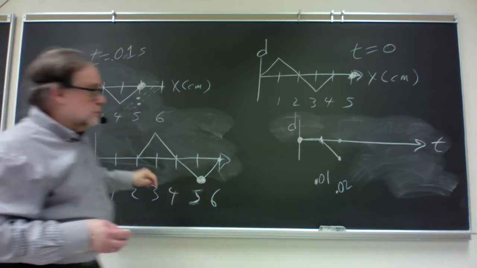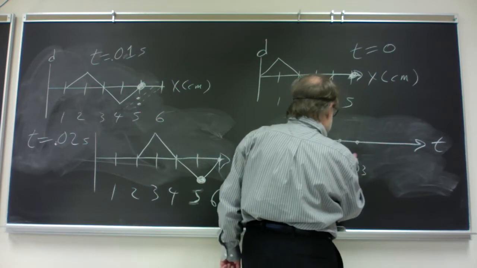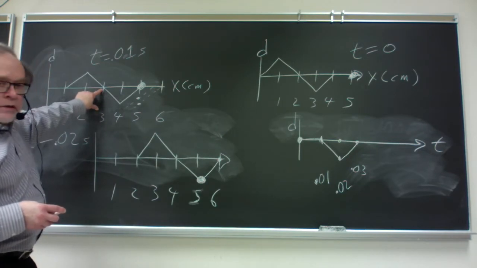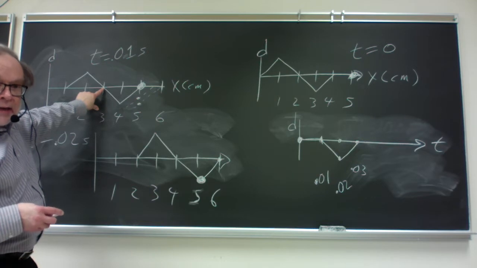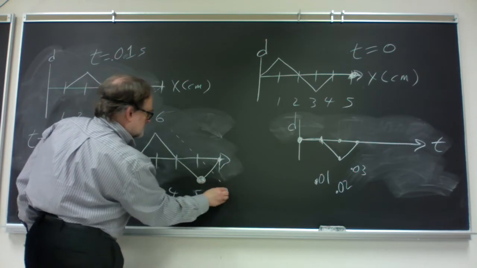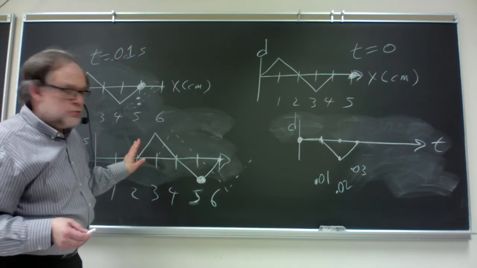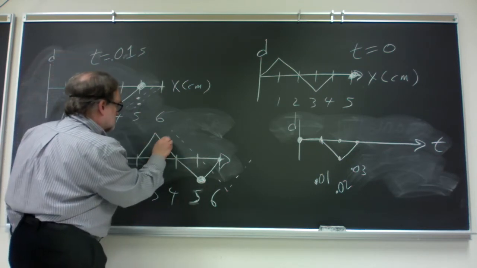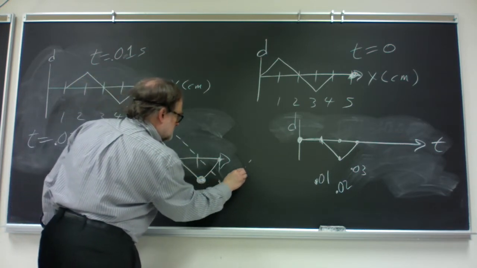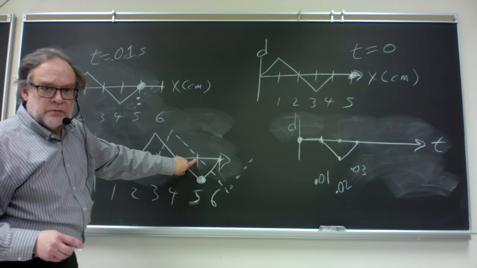So that by the time you get to 0.03 seconds, this piece of the pulse is now at x equal 5. The pulse shape looks like this. And the middle piece of the pulse is now at x equal 5.